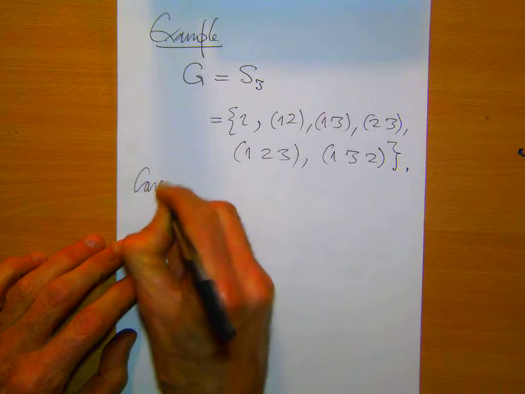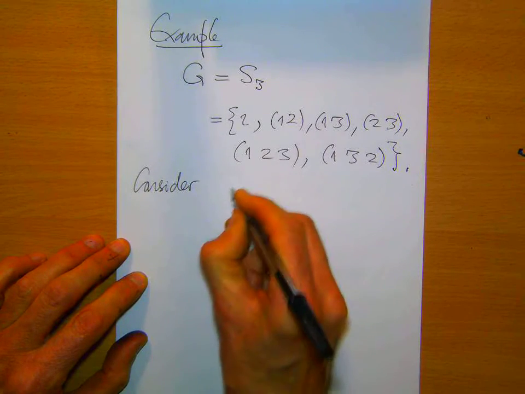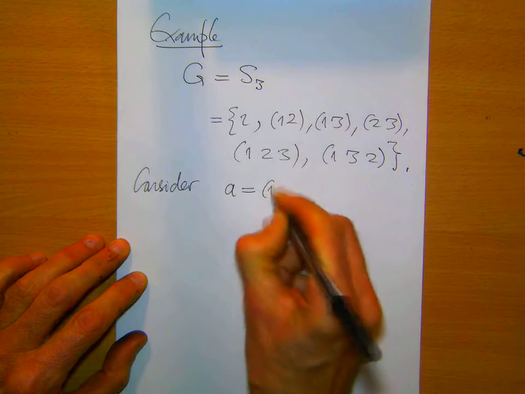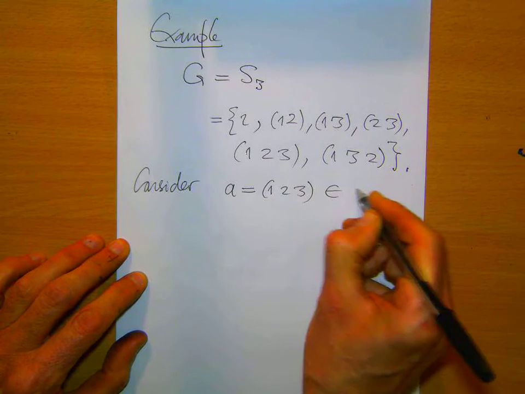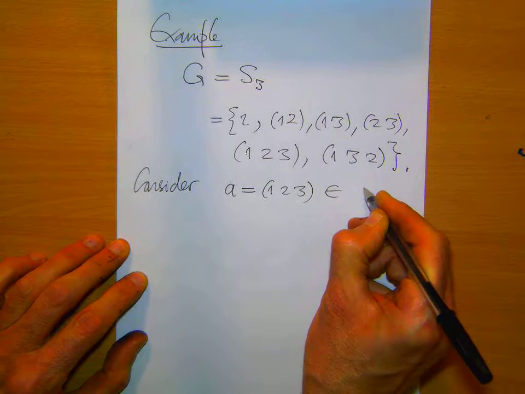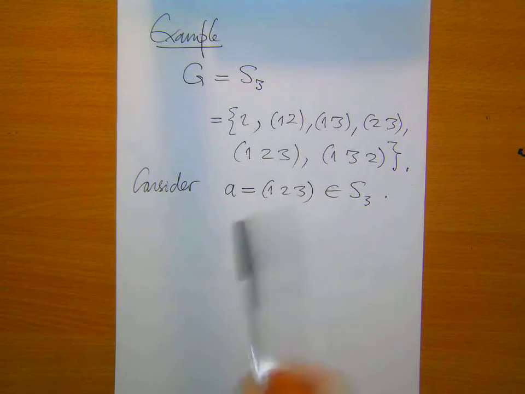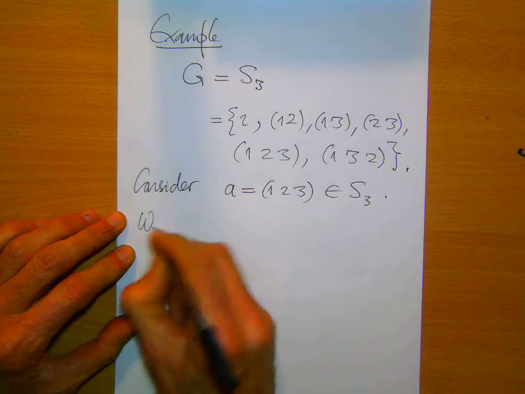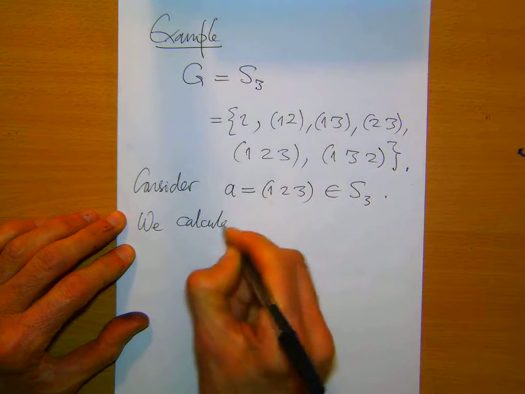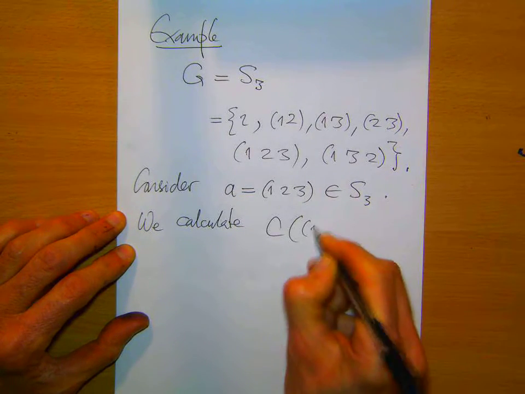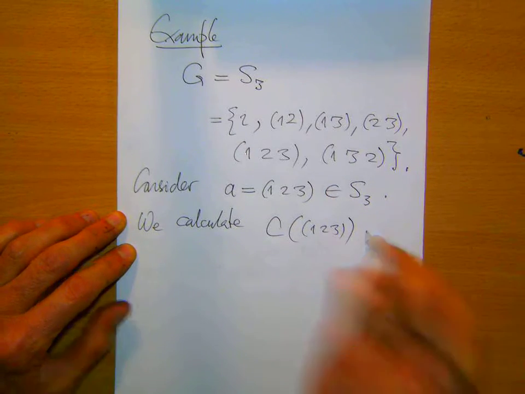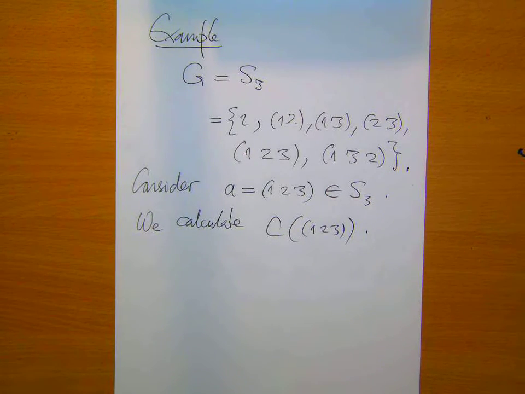So let's pick one of the other 5 elements, say this 3-cycle (1 2 3). So we're going to calculate the centralizer of the element (1 2 3).